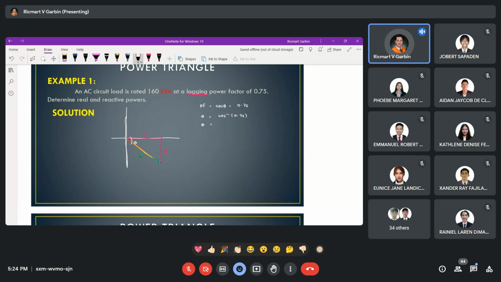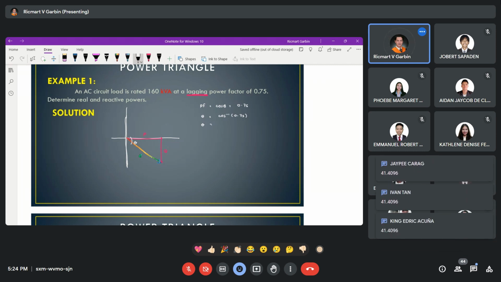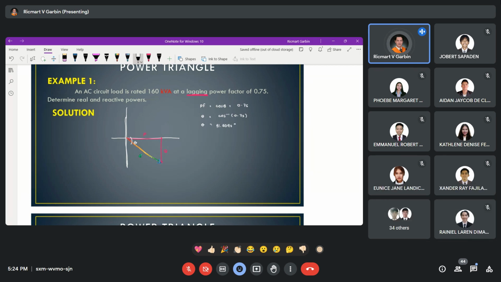What is the value of our angle? Paki-compute. So we have 41.4096 degrees. Okay. Ito na yung angle natin.